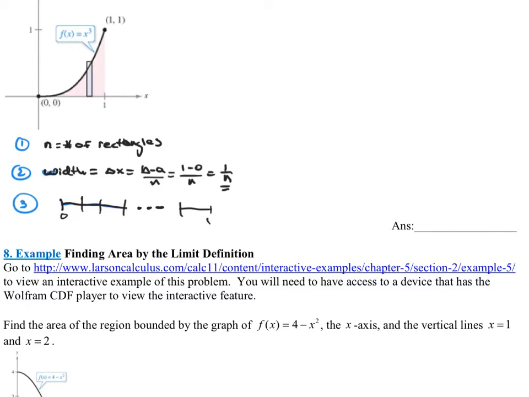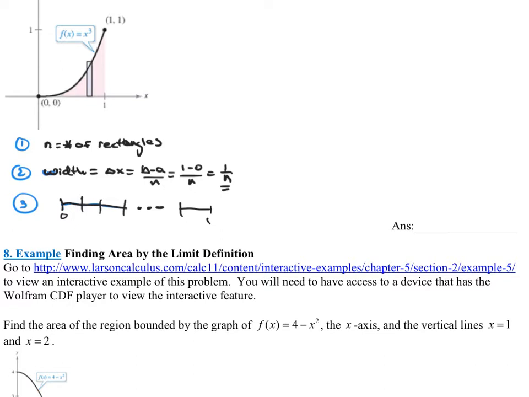But what I want you to think about is, what would we be labeling these pieces? You always start with 0, and then you add the width of every single one of these to each one of the pieces, right?